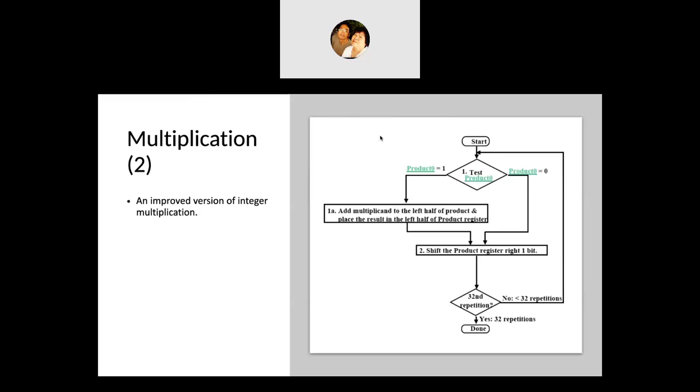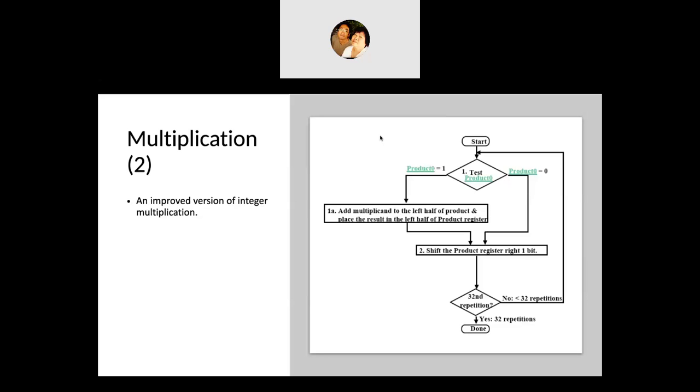Previously, if we have 32-bit data, we need a 64-bit register to handle the data. For example, we need a 64-bit register for the multiplicand and the product. And we also need a 64-bit ALU to do the addition.